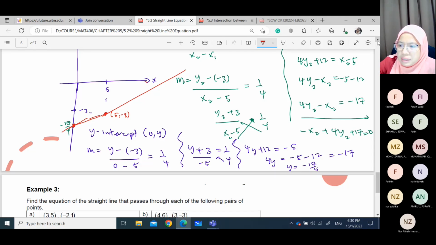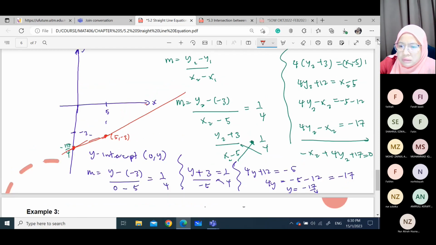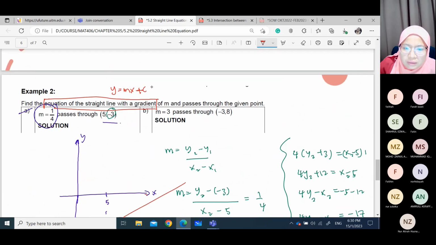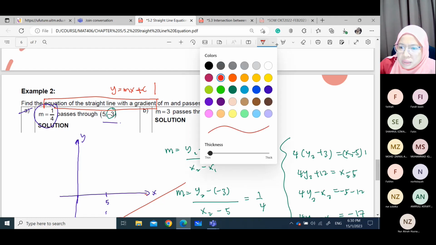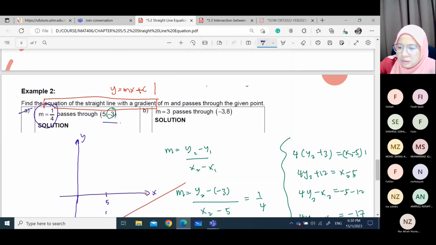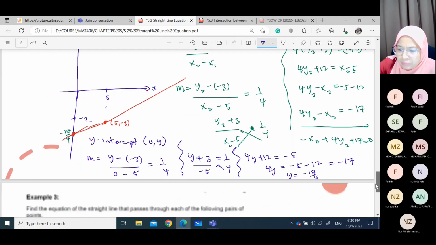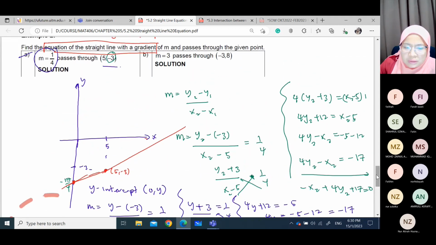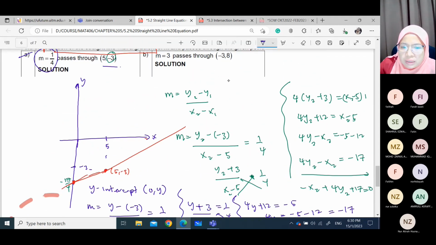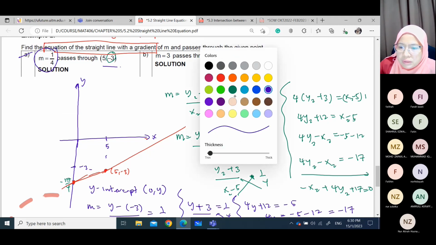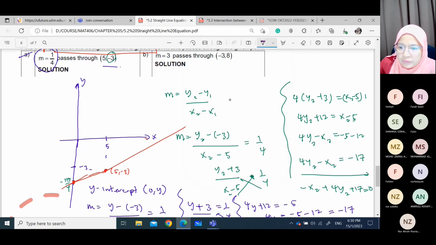So ni adalah y-intercept. So maknanya the equation is about y. You masukkan je lah m. M dia apa? Kita colour purple. Okay, so y sama juga dengan mx. M adalah gradient. So m dia adalah 1/4 x plus c.